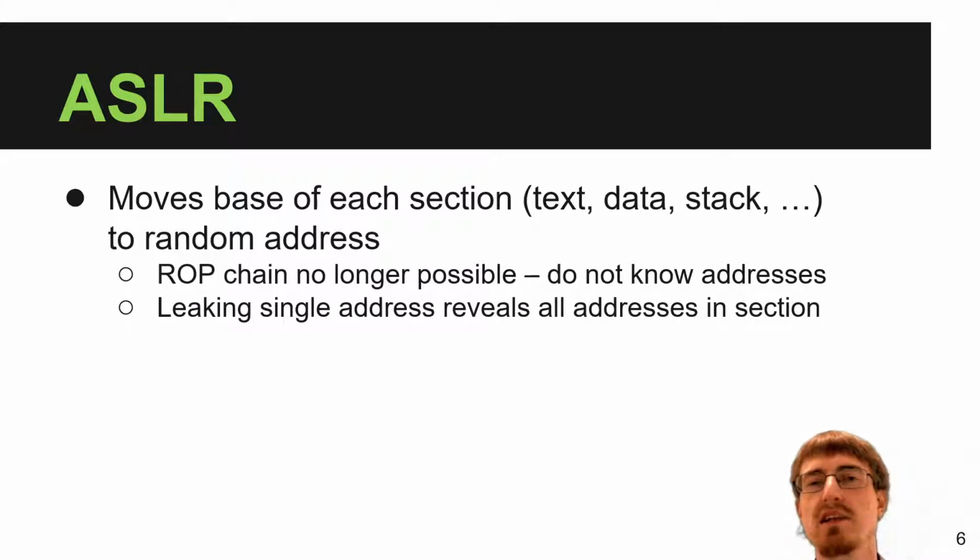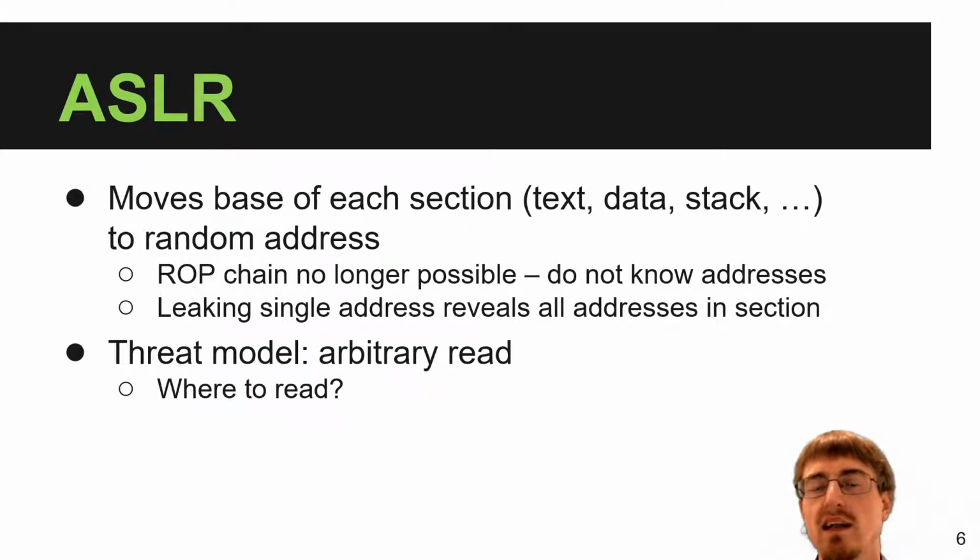However, as I mentioned, leaking even just a single address reveals all the addresses in the section. We can easily compute them if we leak just a single pointer in a section. Now, even just the threat model arbitrary read already breaks ASLR. The question, however, is where to read.